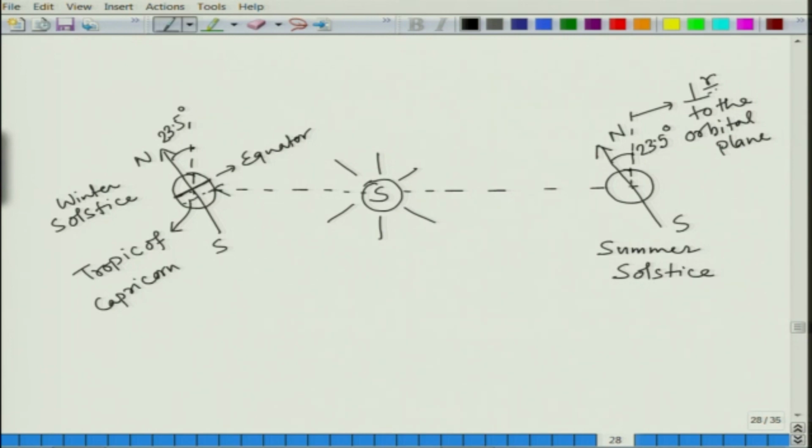This particular distance is the maximum distance from the equator, if you go south, at which the sun will radiate normally. Beyond that it will not radiate normal to the plane.